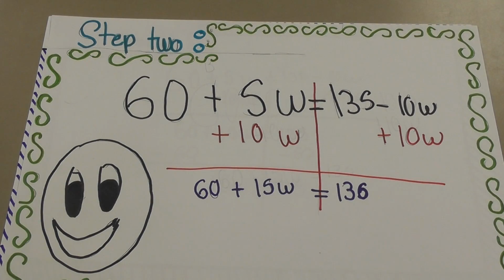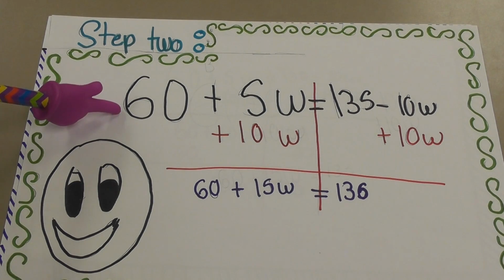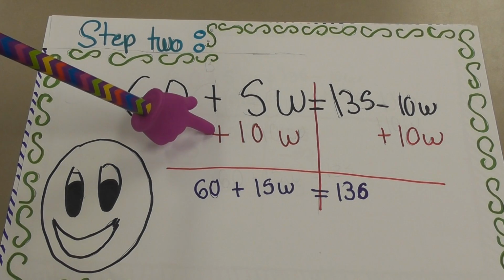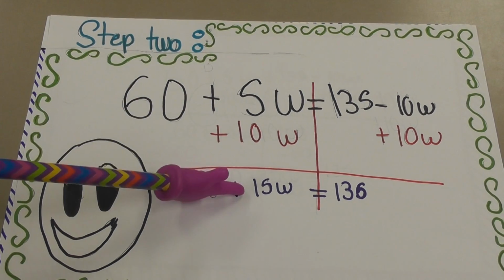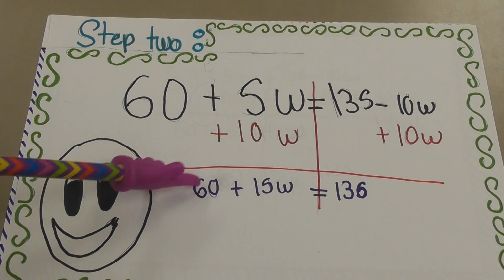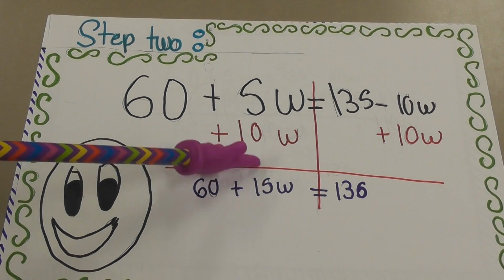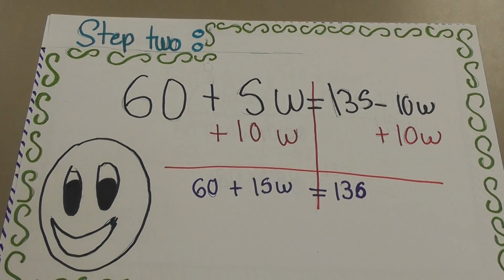Once we have the equation, the first step would be to get the variables to one side. So we would add the 10W to both sides, and once we add the 10W to the 5W, we get 15W. That leaves us with 60 plus 15W equals 135.